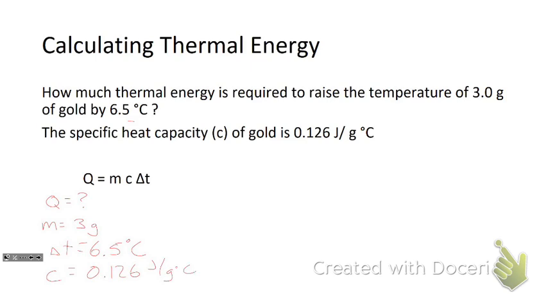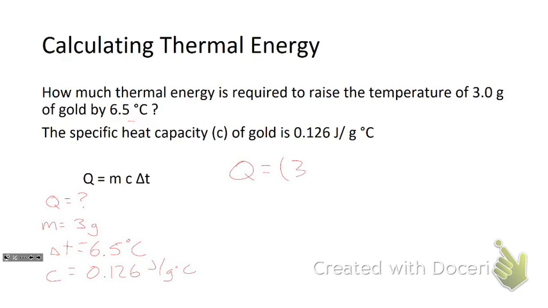So we have M, delta T, and C. So now we can just put that into this formula and solve for Q. So Q is equal to MC delta T, so I'm just going to substitute those in.